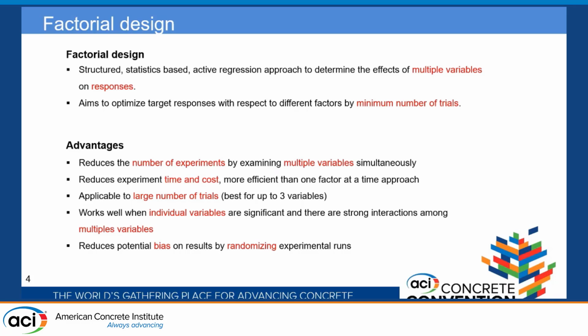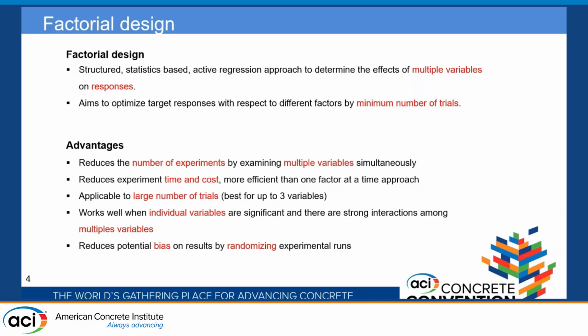So let's talk about the factorial design. Factorial design is a structured, statistics-based, active regression process to determine the effect of multiple variables on one or multiple responses. It aims at optimizing the target response with a lower number of trials, so that it reduces the number of experiments, the time and cost of testing.